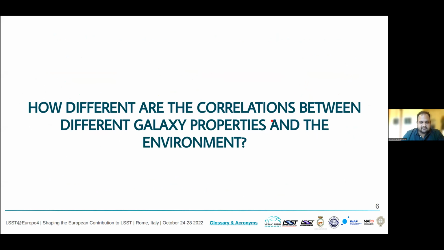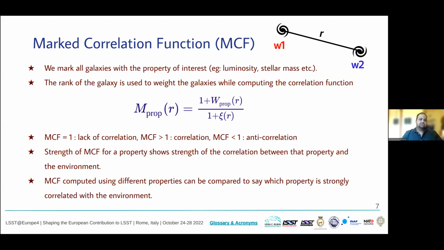So this tells us that there is a correlation between the environment in the large scale structure and the galaxy properties. But what we are interested in is how these correlations differ for different galaxy properties, like luminosity, stellar mass, star formation rate, and so on. For that, we use a tool called the marked correlation function.